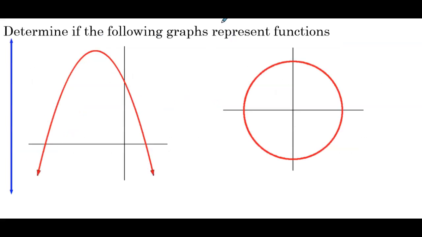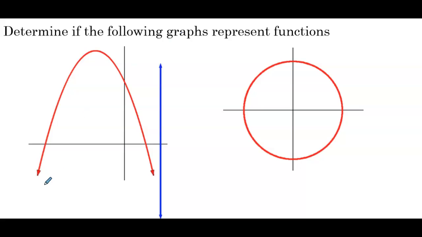So our first example, there's our graph. Now notice I have a vertical line here. So if I move this vertical line, as I move it, determine how many points of intersection there are. Right, so if I stop it here, there's only one point of intersection. If I keep moving the line, only one point of intersection, one point of intersection, one point of intersection.